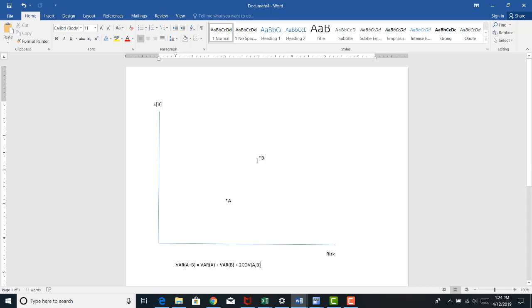What happens is I start to bend off of that line, that imaginary line that I drew between A and B. I start to bend off that line, and depending on how negative that covariance is, I create almost an imaginary frontier of where I could get. Now notice something.